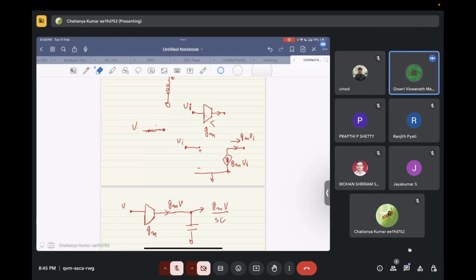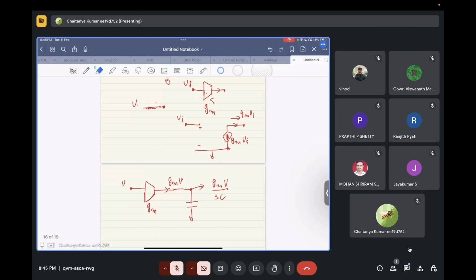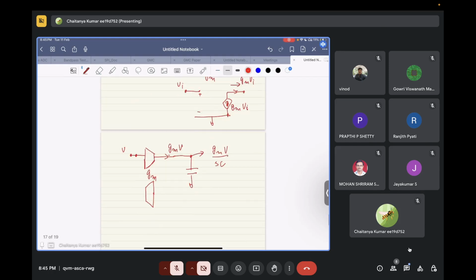Yes. So how can we convert it to current? Voltage to current, how do we convert? Using a transconductor, right? And where do we want this current to flow from? From the output. So if we have a transconductor of value minus Gm and connect it like this, what will be the current flowing from here?